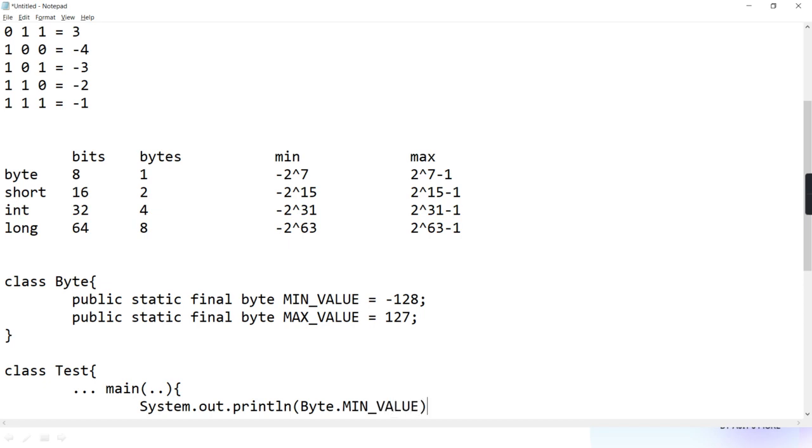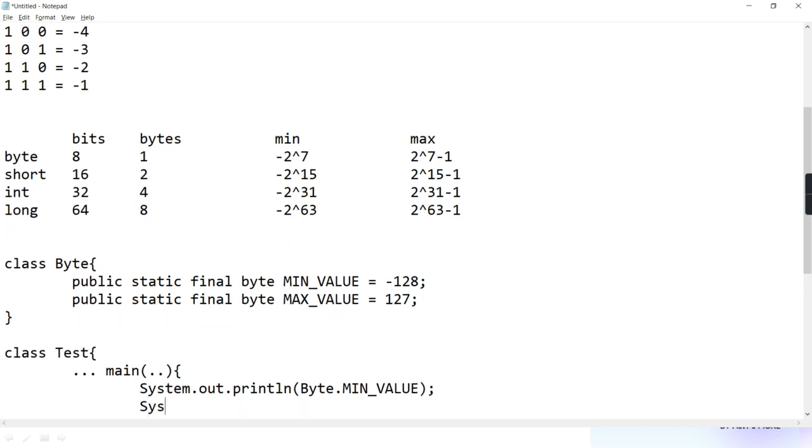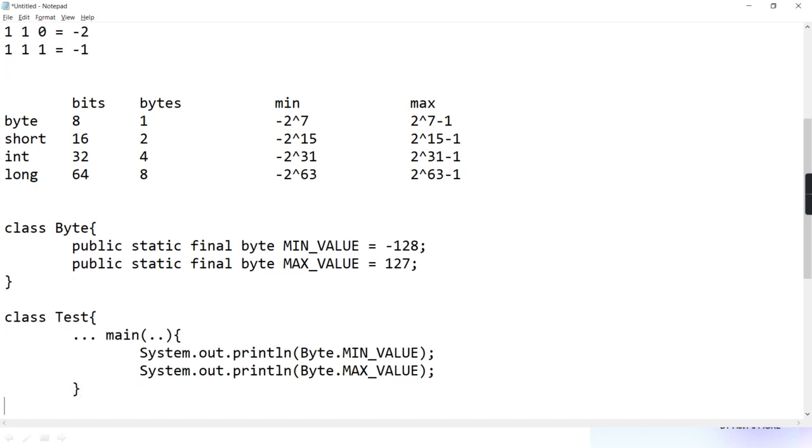Byte.MIN_VALUE, like this. Yes. Clear? Yes, sir. It is legal. Byte.MAX_VALUE. Correct? Can we access it?